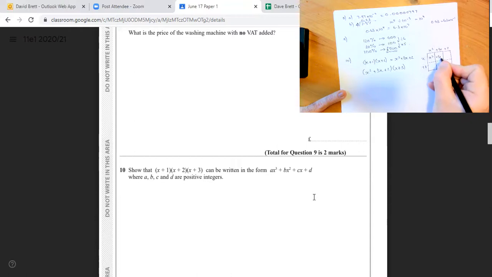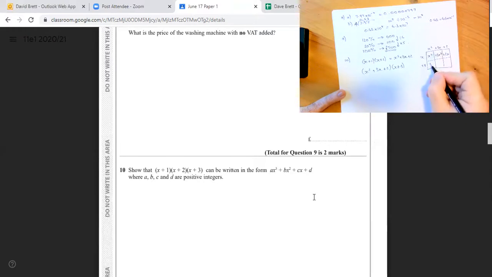That's 3x squared plus 2x. So that'd be 3x squared plus 9x plus 6. So if I simplify, I get x cubed, 6x squared, 11x plus 6.